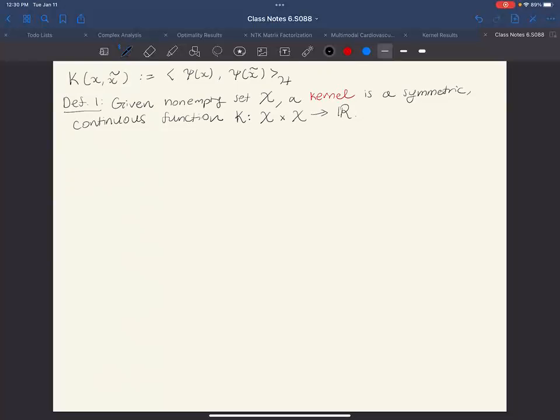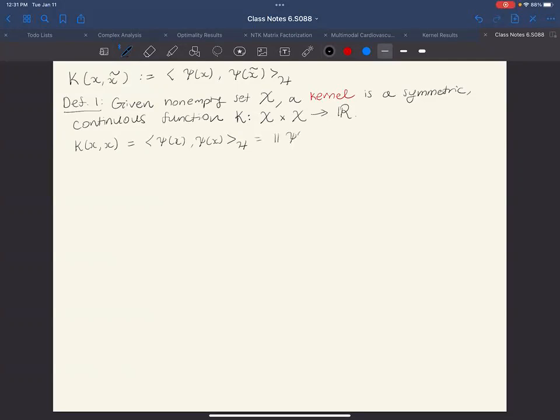This is quite abstract. We already know that for some cases, the kernel that we care about is induced by an inner product. So we have k of x, x tilde is the inner product of 2 things. And inner products have some properties that introduce some constraints. One of those constraints, for example, is that if we look at k of x and x, just the same vectors, in our case this is going to be an inner product of psi of x, psi of x.